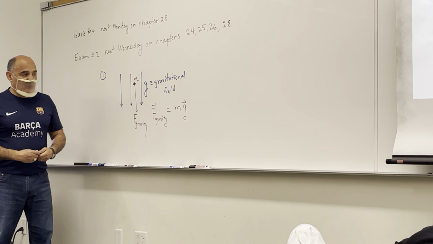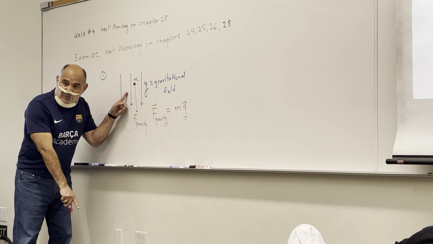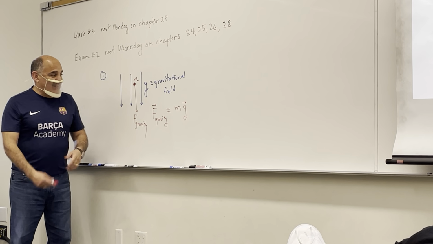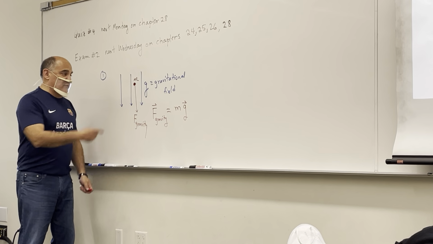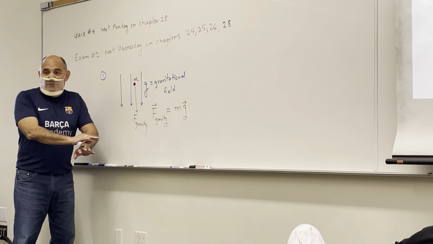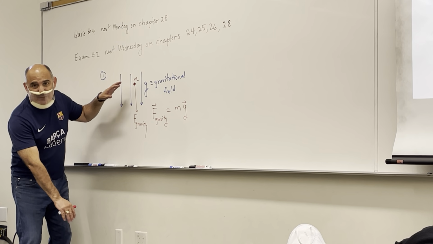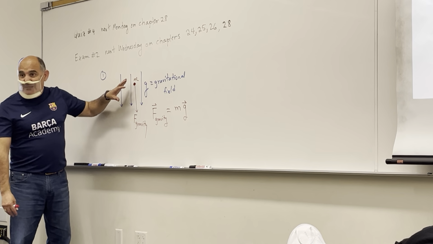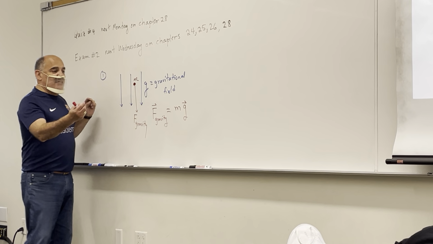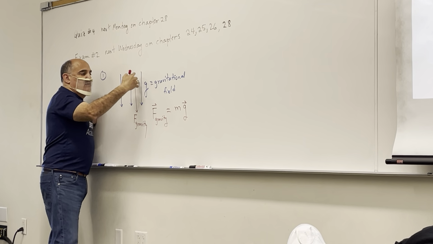What's really happening is that this gravitational field is generated by the Earth, and then you say that the Earth is exerting the force on this mass through the Earth's gravitational field. But we could just forget about the Earth and say there is a gravitational field there. When this particle with mass is placed there, it interacts with this gravitational field.